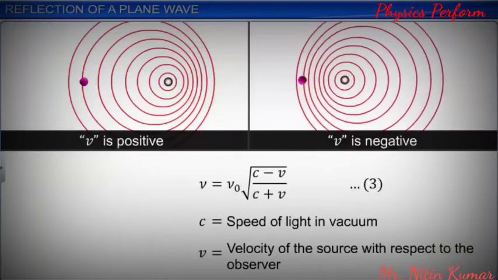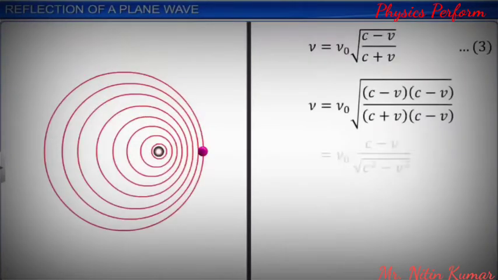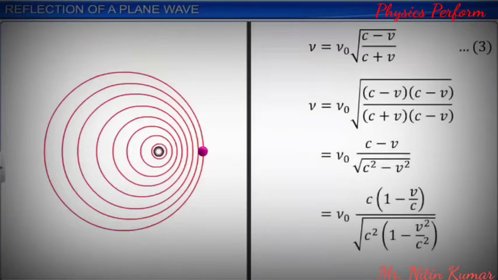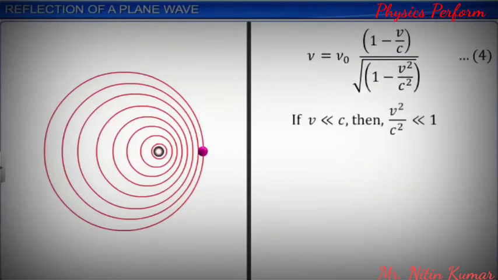Equation 3 can be mathematically manipulated as shown to obtain equation 4. If v is very much less than c, then v squared by c squared is much smaller than 1 in equation 4, and hence it can be neglected to obtain equation 5, where nu = nu0 (1 - v/c).